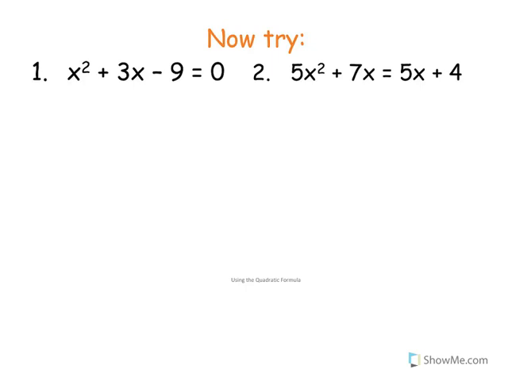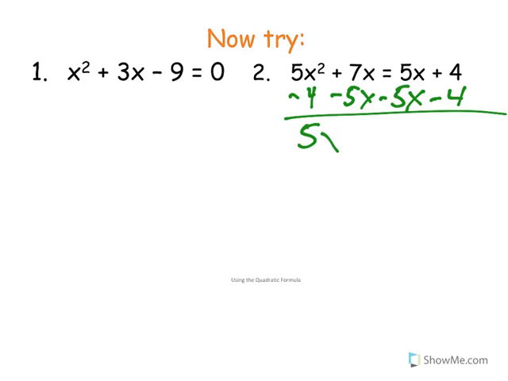And let's take a look at the second one. So we need to do some term moving here. That's going to give me 5x squared plus 2x minus 4. So now we can determine that A is 5, B is positive 2, and C is negative 4.